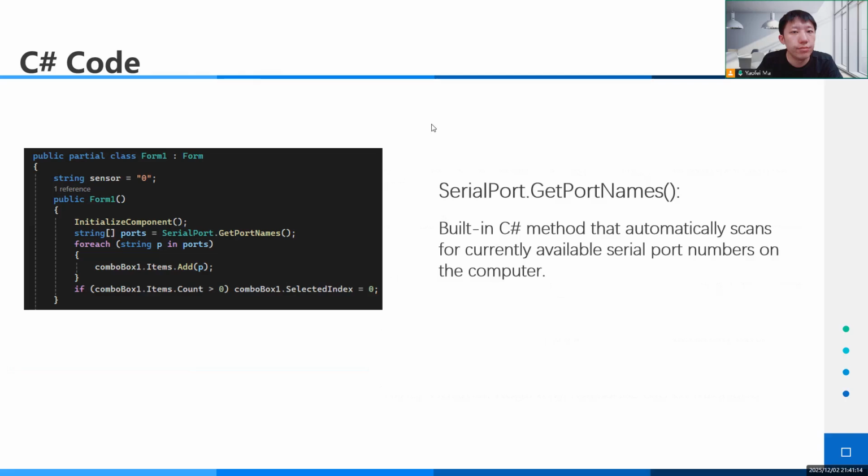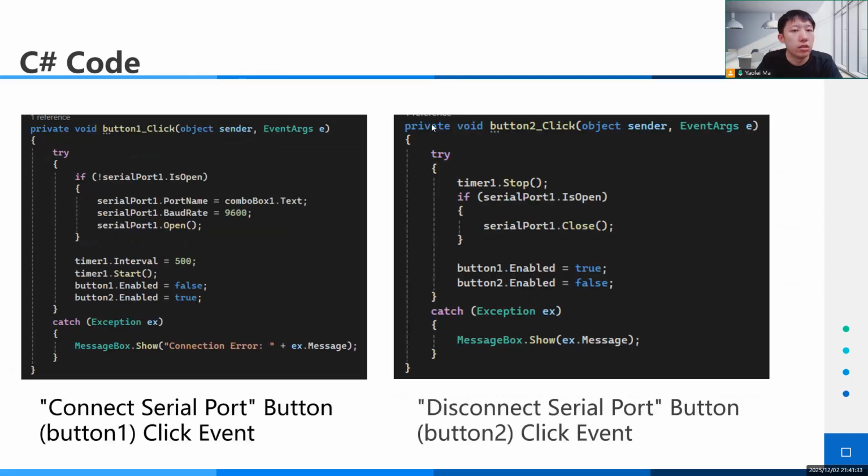The serial port is built into C# and automatically scans for the available serial port numbers on the computer. This is the connect serial port button and the disconnect serial port button. These two buttons realize serial port connection and disconnection.